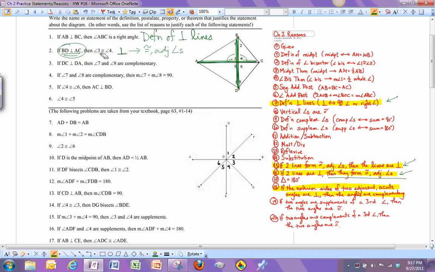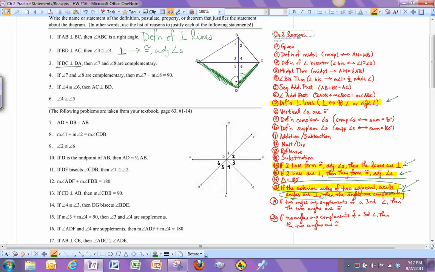Okay, let's take a look at 3. So 3 says if DC, this one, is perpendicular to DA, this one, then 7 here and 8 here are complementary. Now of the ones that are highlighted, only one of them has anything to do with the word complementary, and that's number 18. So let's just double check to see if 18 is actually correct. Over here it says DC is perpendicular to DA. And in our reason here it says if the exterior sides of 2 adjacent acute angles are perpendicular.